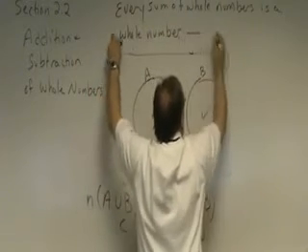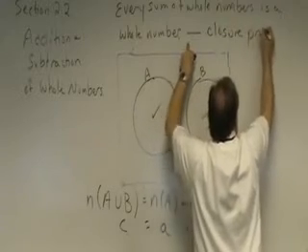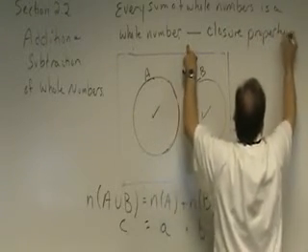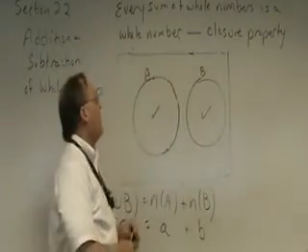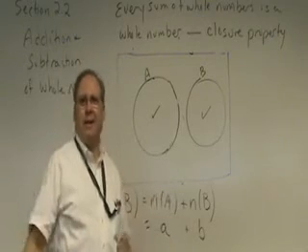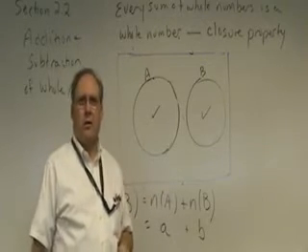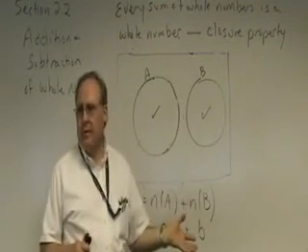This property we call the closure property. It's one of the most basic and one of the least talked about, but probably because we understand it instinctively. You wouldn't expect to add two whole numbers and get something different.